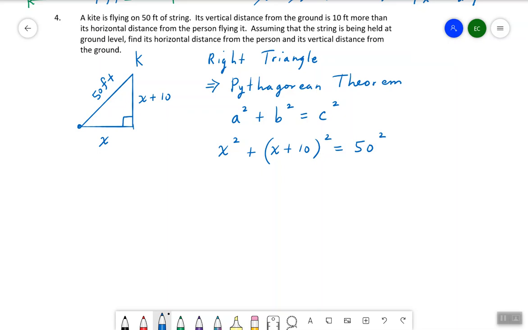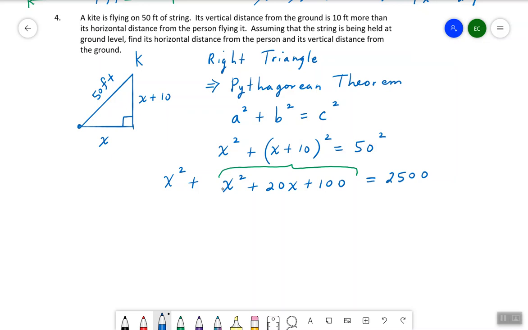We need to distribute x, we need to multiply out x plus 10 times itself, and so we'll get x squared plus 20x plus 100. Sometimes students forget about that middle term, so don't forget. Actually write out x plus 10 times x plus 10 on the side and make sure you see the middle terms. Okay, that's equal to 2500.